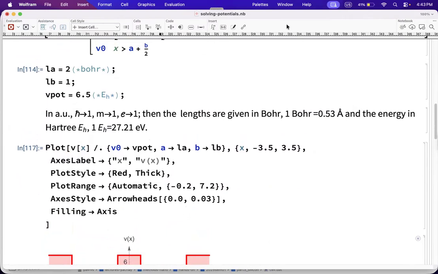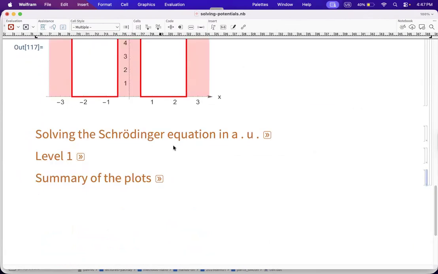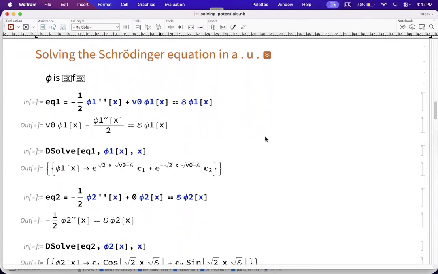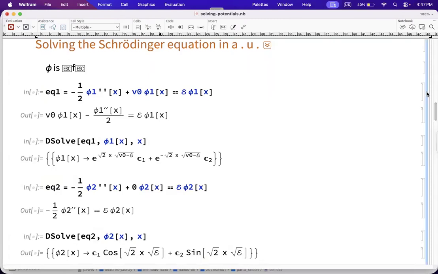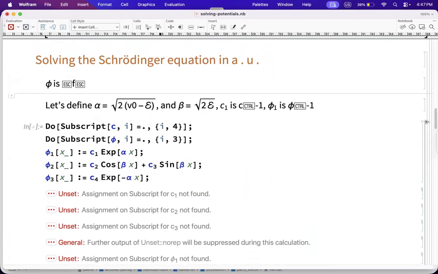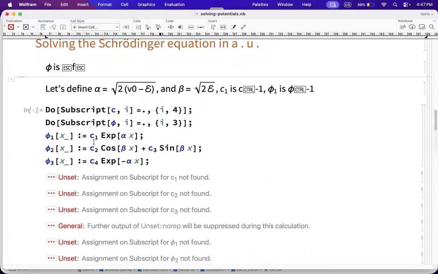Okay, I'm going to pause here for a moment. Now we are going to solve the Schrodinger equation, please. We are not going to use this, because we are going directly to this. Please erase everything from here till here. Now we have to define how many wave functions: 1, 2, 3, 4, 5 wave functions.